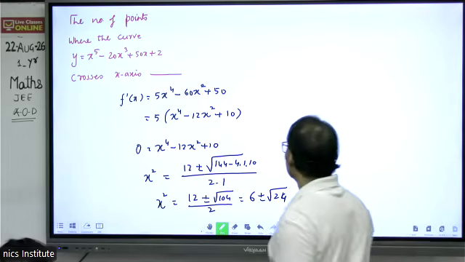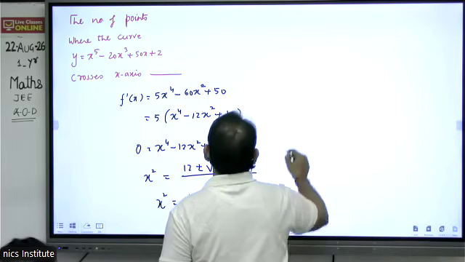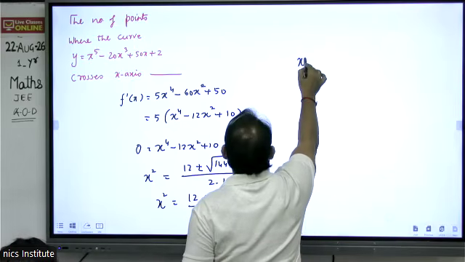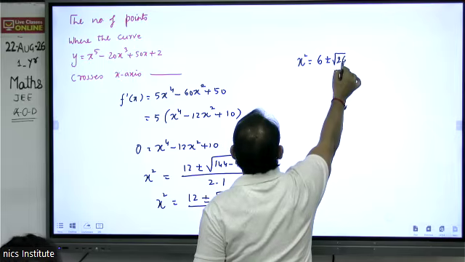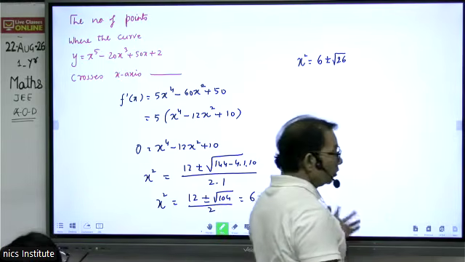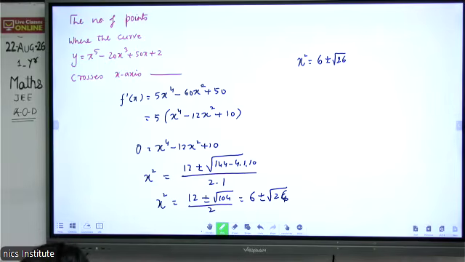26. So x square is coming out to be 6 plus minus root 26. So both numbers are positive. Root 26 is less than 6, so both are possible.